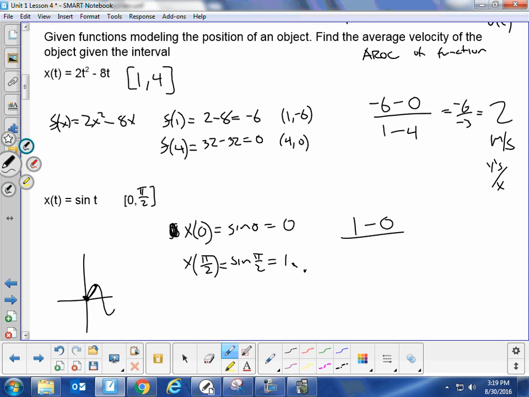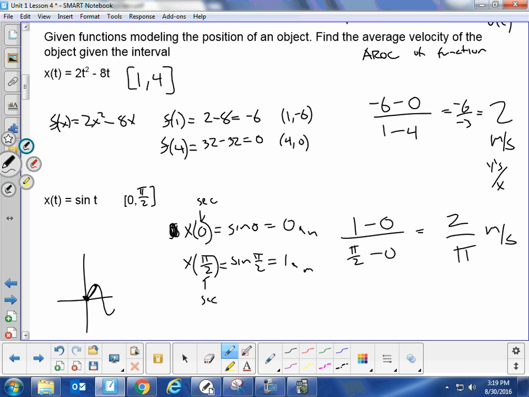If this is in meters, and this is seconds. And 1 minus 0, I'd have pi over 2 minus 0 as well, giving me 1 over pi over 2, or 2 over pi.